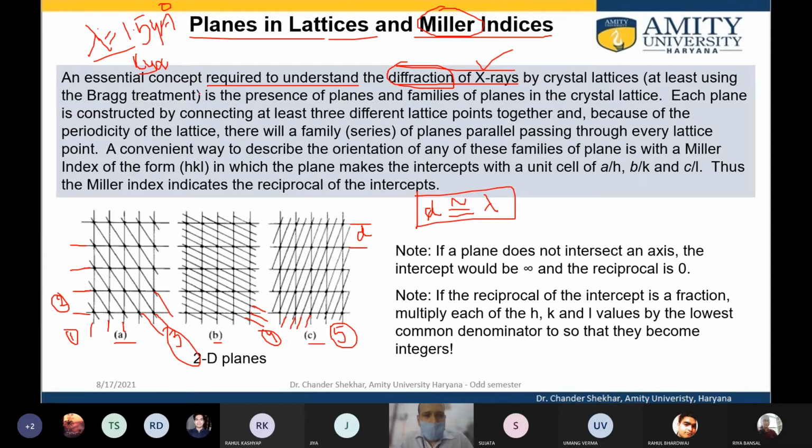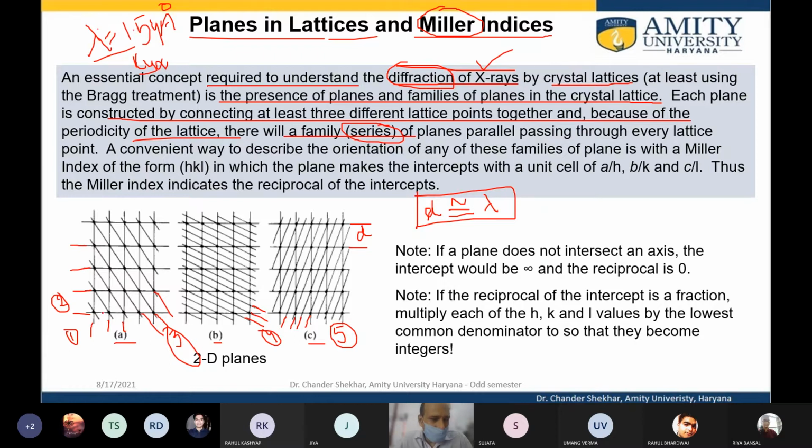So the essential concept required to understand the X-ray diffraction by crystal lattices is the Miller indices in the presence of planes and family of planes. Each plane is constructed by connecting at least 3 different points together. Because of the periodicity of the lattice, there will be a family series.